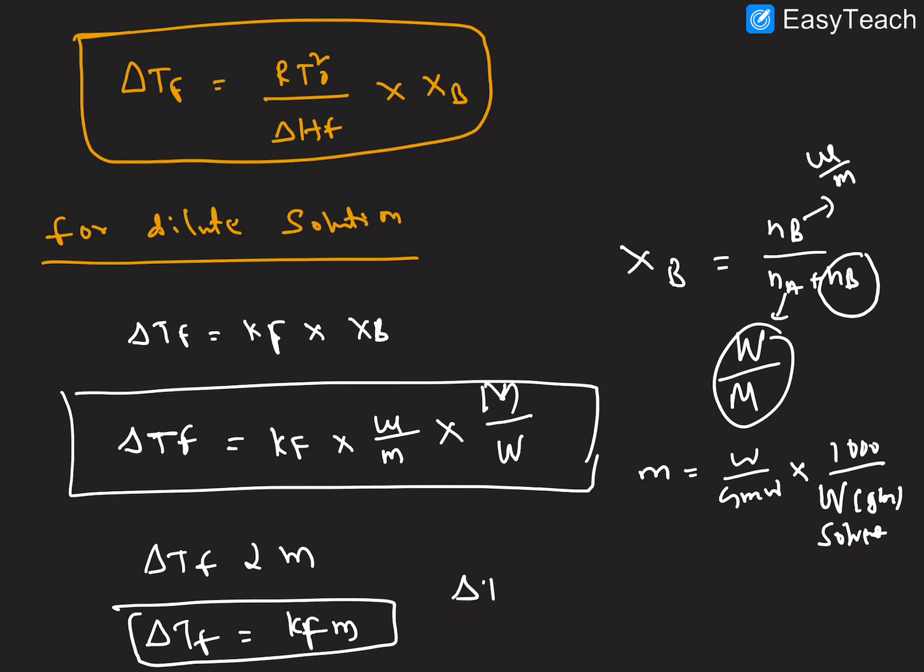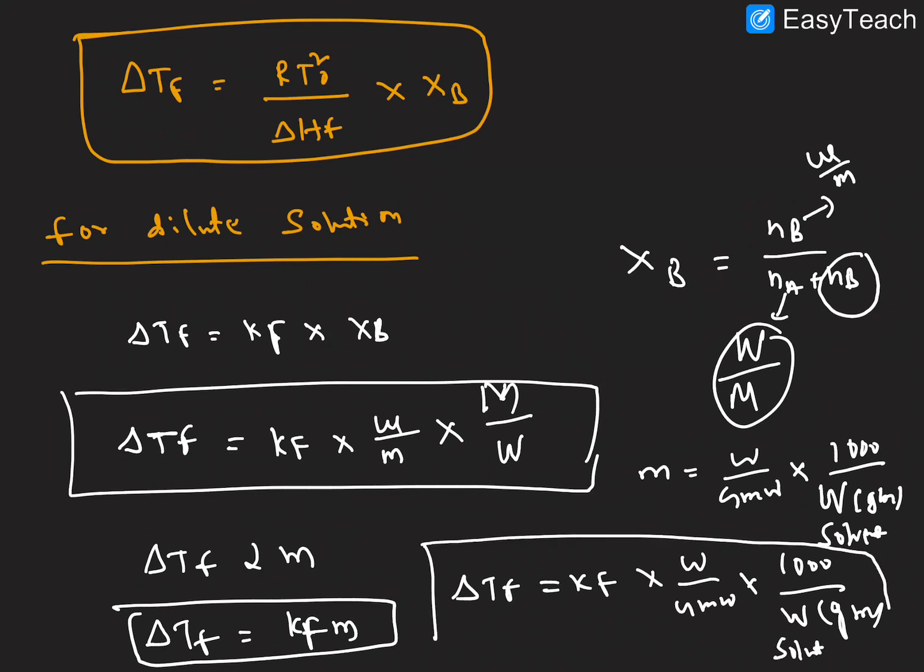So the final formula: delta TF is equal to Kf into W by gram molecular weight into 1000 by the weight of solvent in grams, right? I hope it is clear, this formula comes from the molality formula.